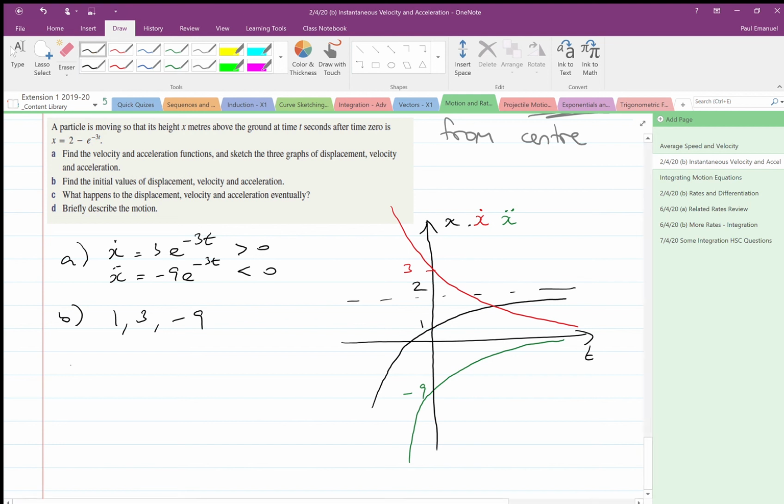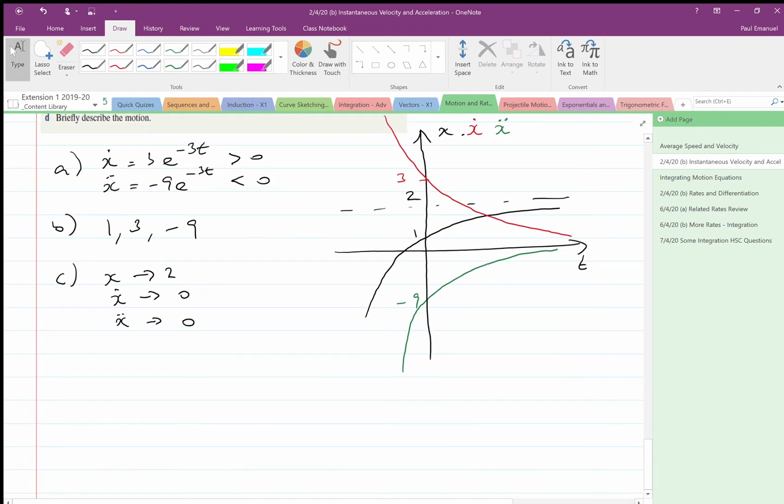So position tends to 2, acceleration tends to 0, and so does velocity. So briefly describe the motion. So it starts at 1, heads to 2, always moving forward, and always getting slower.